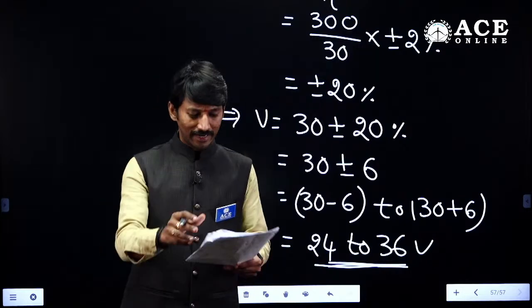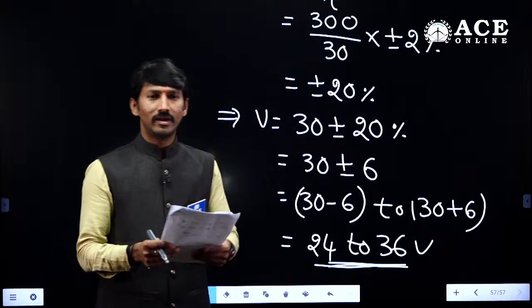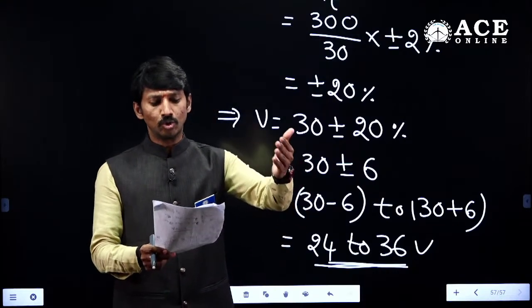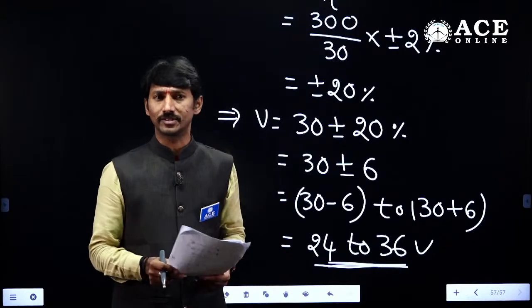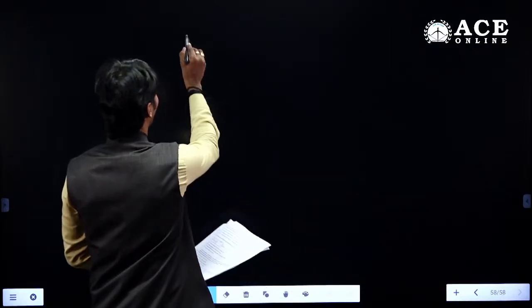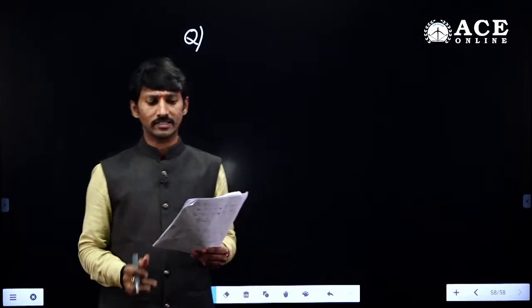Clear? Right. Let us take one more question. Next question is 2 voltmeters are connected. It is also a question from error analysis. See the question kindly. Can you see this question on the screen?